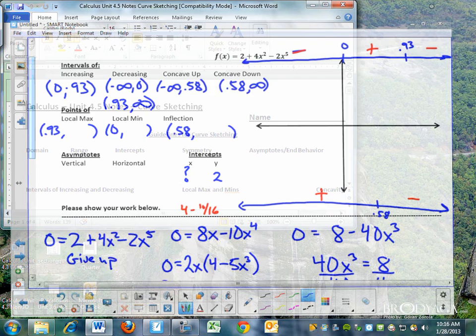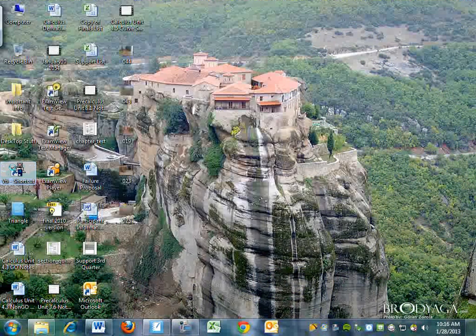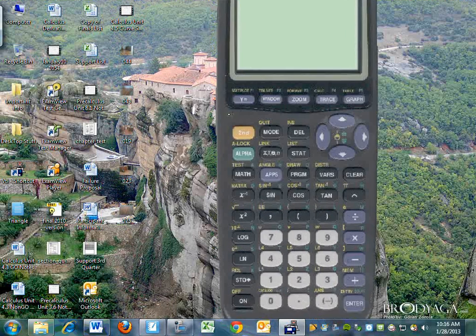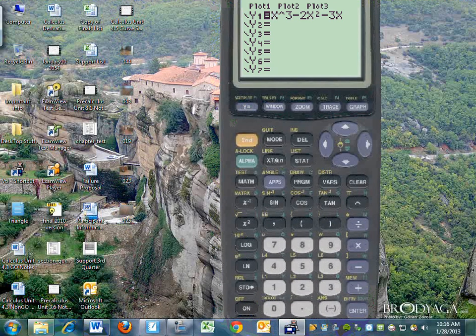So let's take out our calculator. Let's picture a meteora. So we have 2 plus 4x squared minus 2x to the 5th.